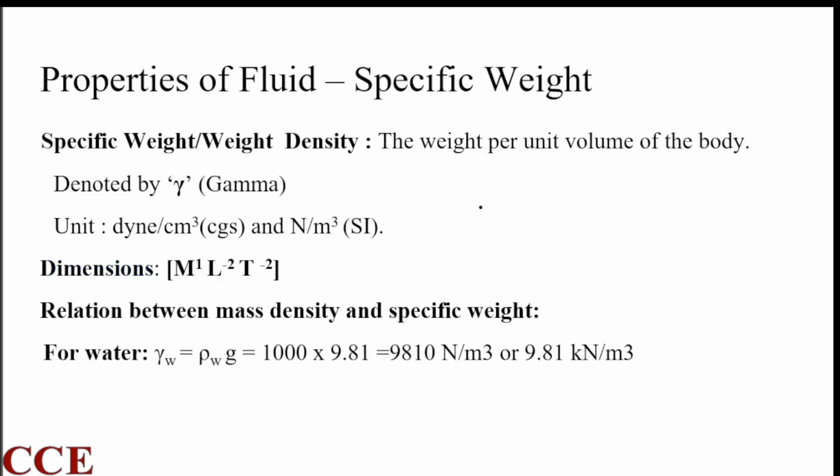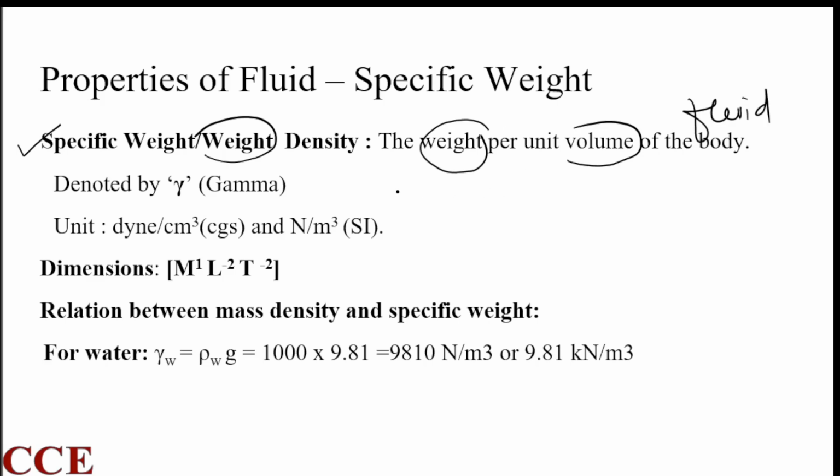Next property is specific weight. Now, what is this specific weight? Specific weight is also called weight density. It is similar to the mass density, just it is the ratio of weight to the unit volume of the fluid.